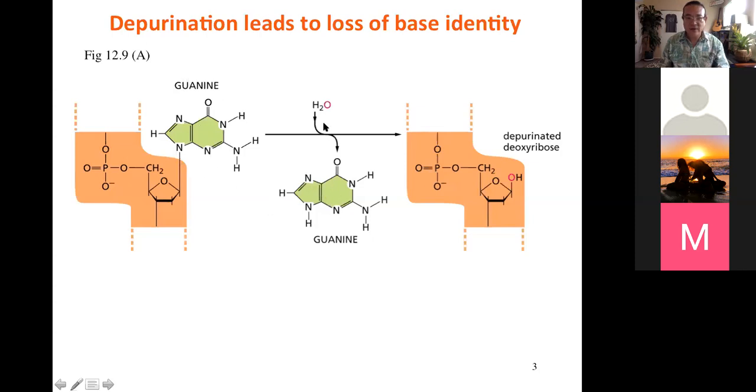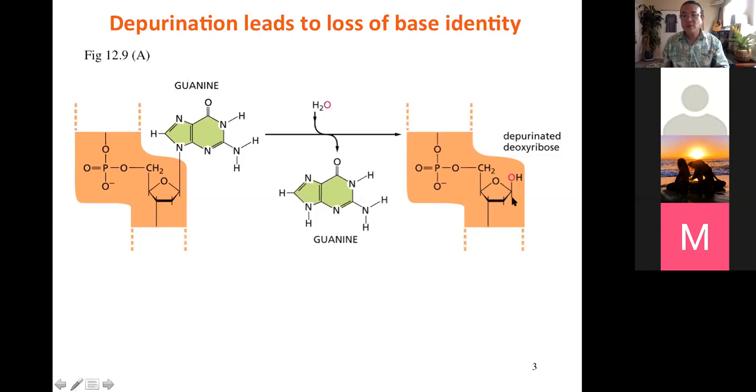The guanine can fall off if there's a hydrolysis reaction, so a water molecule actually causes the nitrogen over here to just get a hydrogen. So as a result, the base just falls off, leaving this type of a situation on the right, what we would think of as a depurinated deoxyribose.